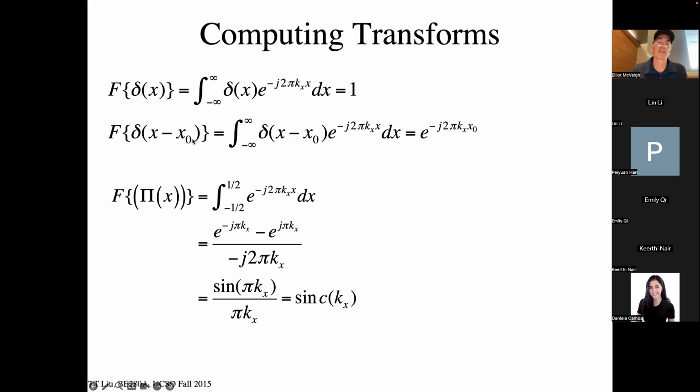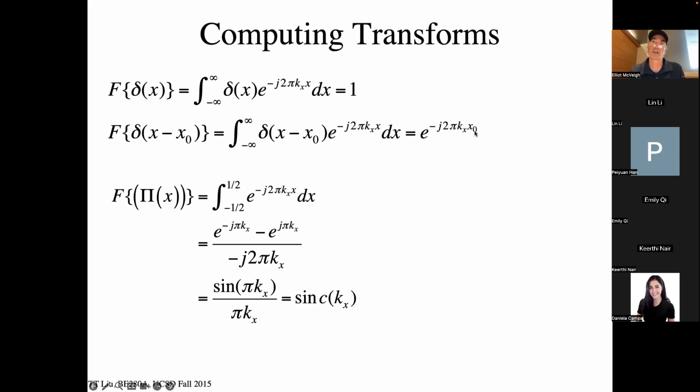If you have a delta function offset from the origin, so this delta function here is only non-zero when x equals x naught. So x naught represents some place off of 0. You just replace that as your function here, and it turns out the thing that gets sifted out, regardless of the value of kx, is this.